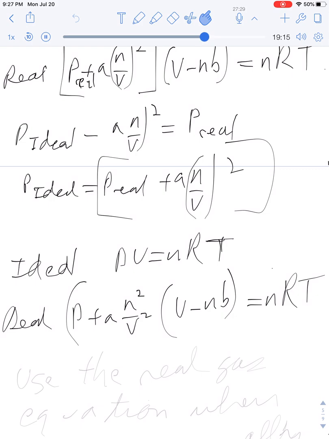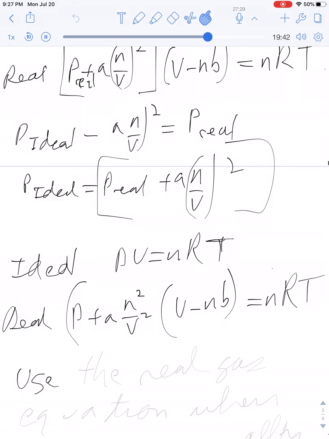The reason is that the ideal gas equation gives us the right answer 99.9% of the time. So why use this really complicated equation if the ideal gas equation gives you the correct answer 99% of the time? Okay? So when do you have to use the real gas equation?